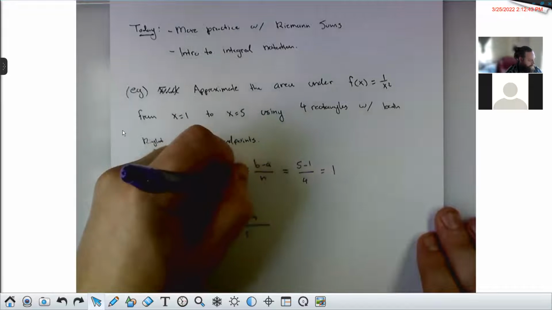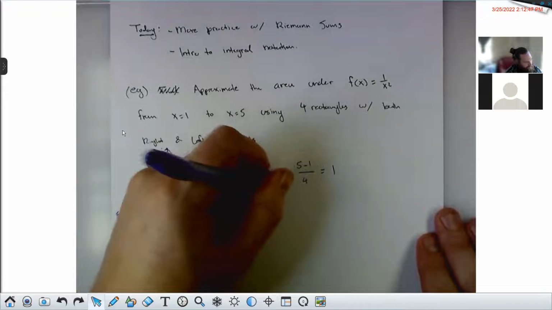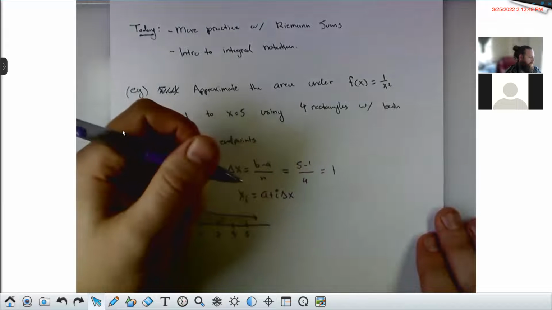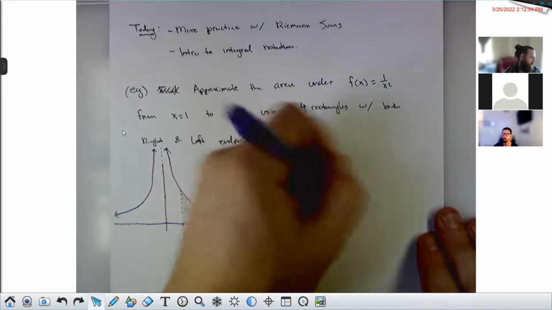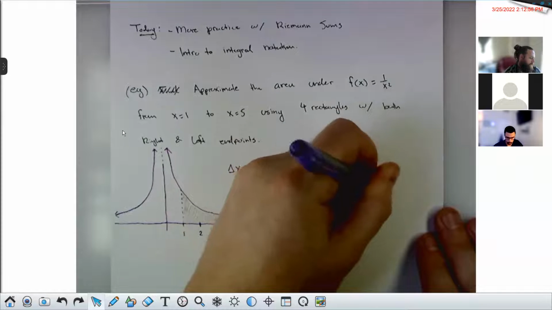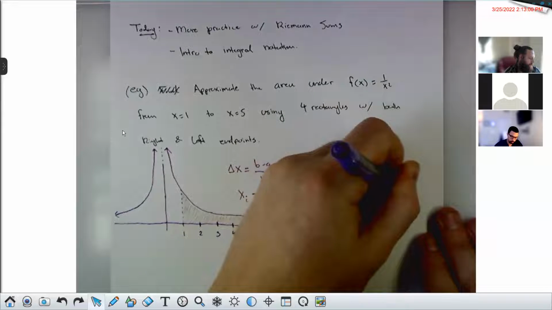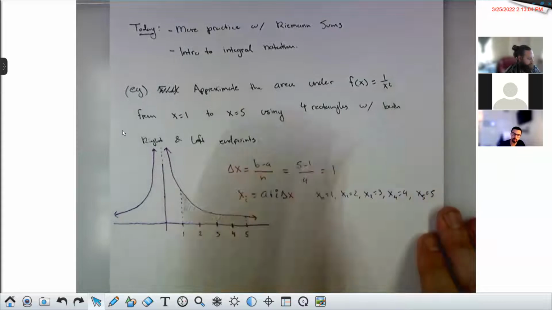And the xi's are always a plus i times delta x. So x0 is 1, x1 is 2, x2 is 3, x4 is 4, and x5 is 5.